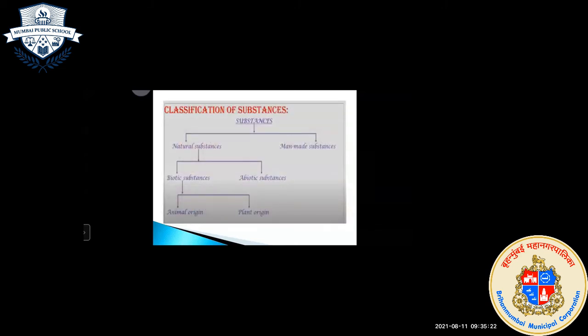See here, the classification of substances. Natural substances, man-made substances. And the natural substances are divided further as biotic substance and abiotic substance. And again, the biotic substance is divided as animal origin and plant origin. Did you get it? Is the concept clear?